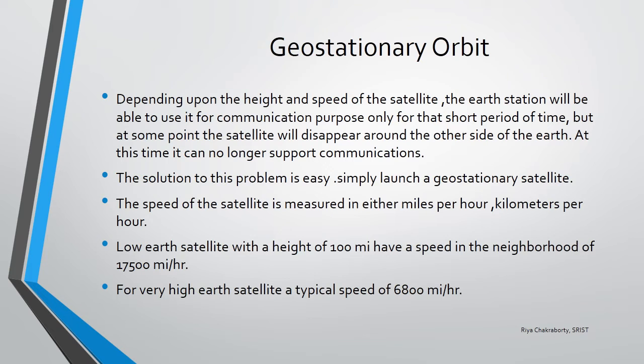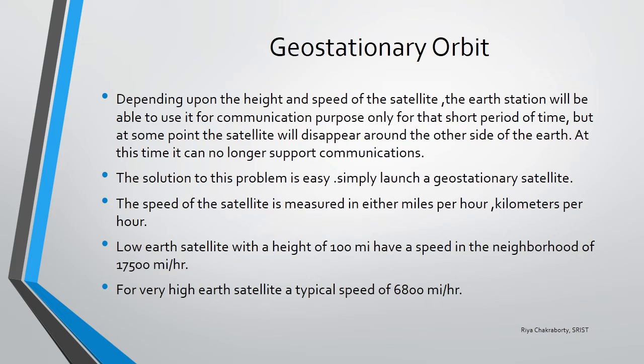Depending upon the height and speed of the satellite, the earth station will be able to use it for communication only for a short period of time. But at some point, the satellite will disappear around the other side of the earth. At this time, it can no longer support communication. So, the solution to this problem is easy.